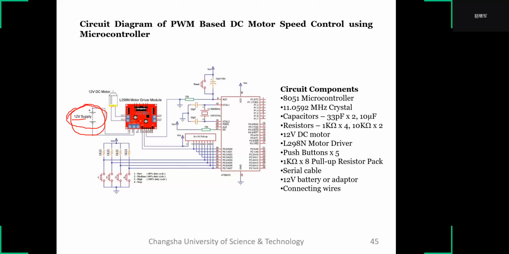Replace the battery. L is L29HN motor drive IC. Motor drive IC.